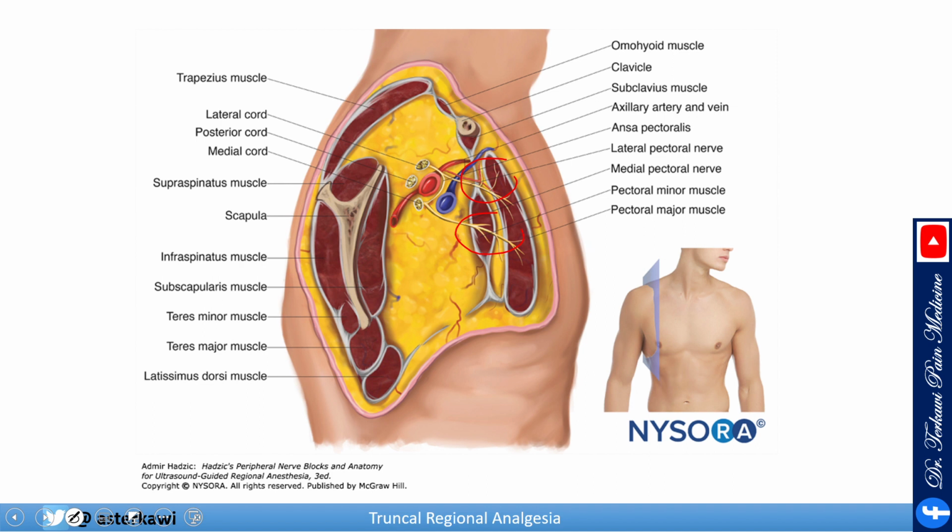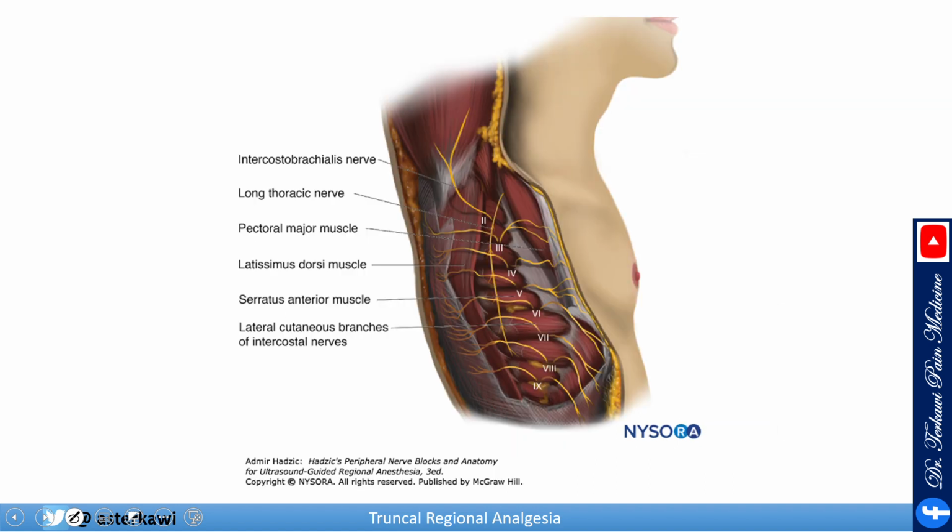As I said, the lateral pectoral from C5, 6, and 7, and that's the lateral cord specifically, and how they bifurcate and how they also run with the artery. This is another picture mainly to show you the course of the long thoracic nerve. It's right there.